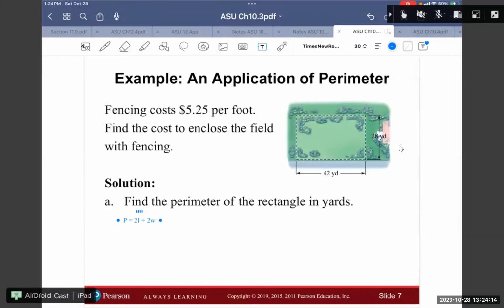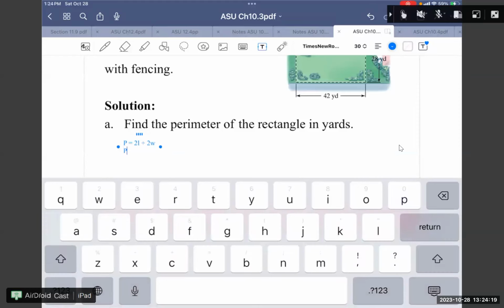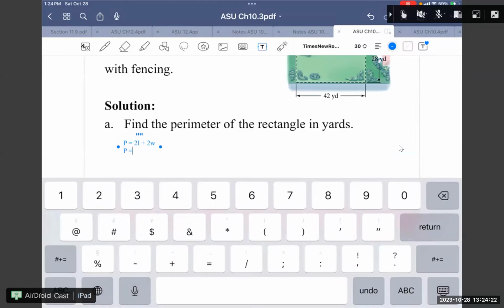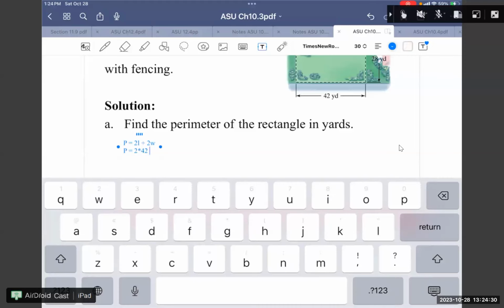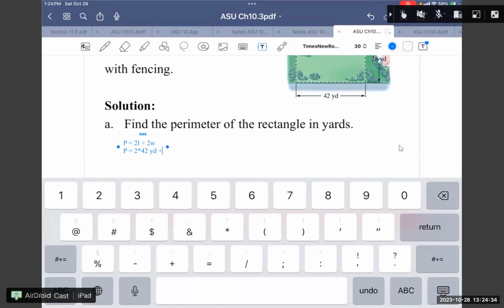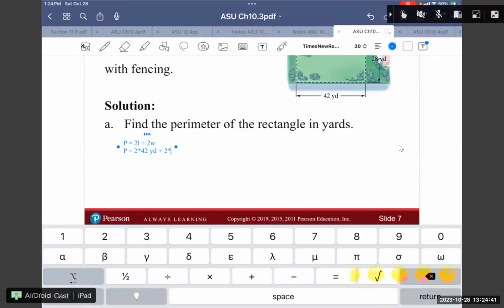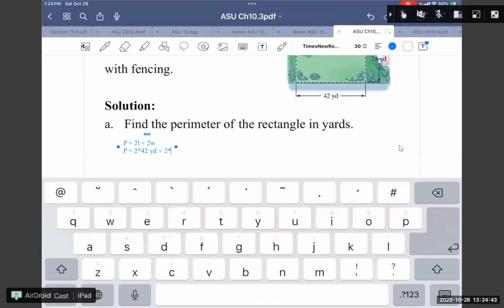So here we have P equals 2 times 42 yards plus 2 times 28 yards.